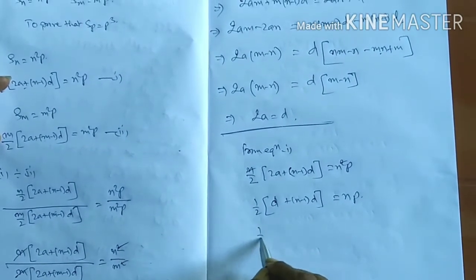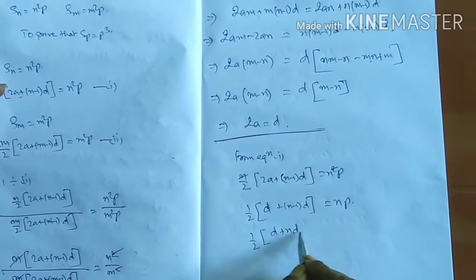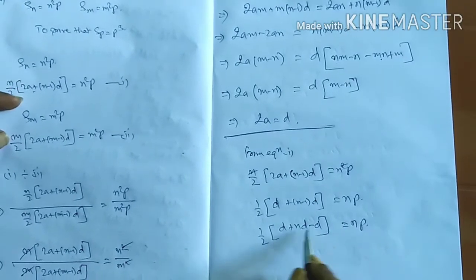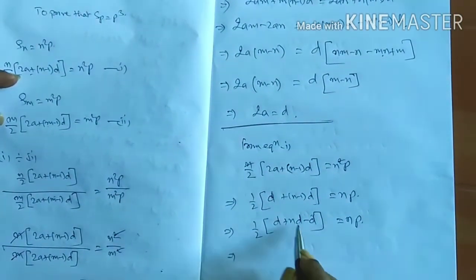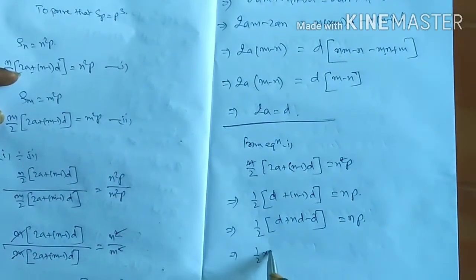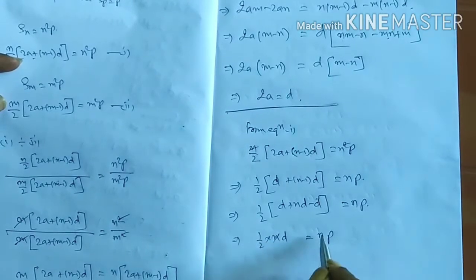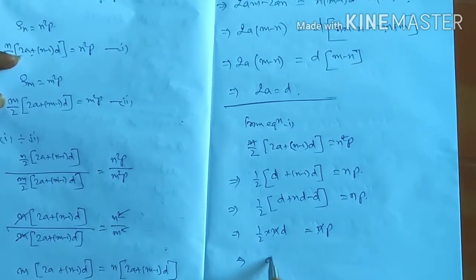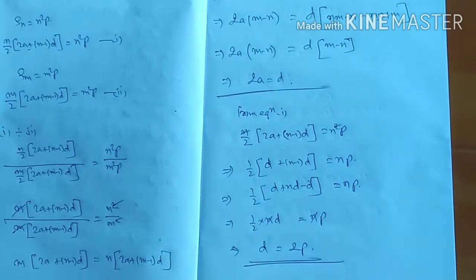Now here 1 by 2, d plus nd minus d is equal to np. D and d cancel out. 1 by 2 into nd is equal to np. Now n cancels out, so I get d is equal to 2p.